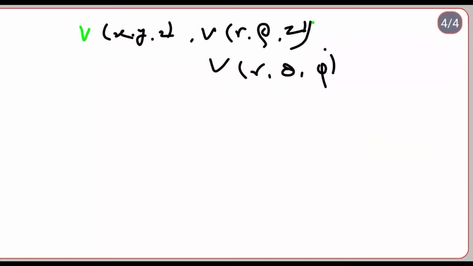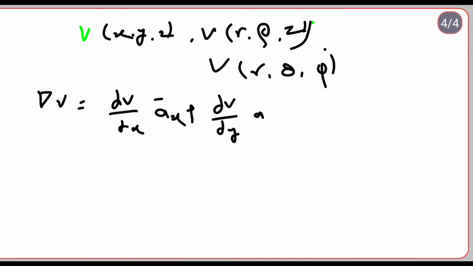Now, depending upon it, how can we obtain the del square V operation for Laplace's equation? In Cartesian coordinate system, let us see. Del V equals dou V by dou x ax plus dou V by dou y ay plus dou V by dou z az. Now del dot del V, that is Laplace's equation, del dot del V equals 0.